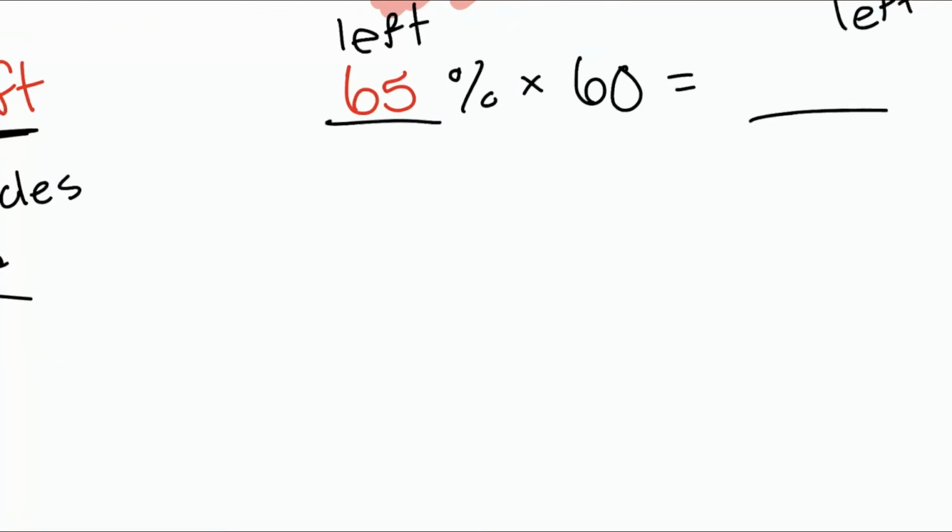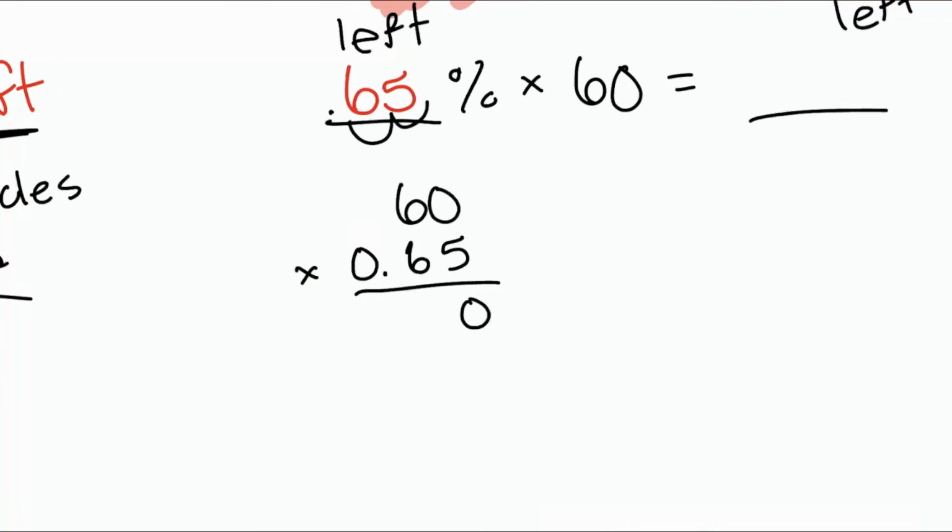And so we'll have 60 multiplied by 0.65. Let's multiply. And here we go. 0 times 5, that's going to be 0. 6 times 5, that's going to be 30. And then we'll move over to the next line with a 0 instantly there. So then up next, we have 0 times 6, 0. And then 6 times 6 is 36.